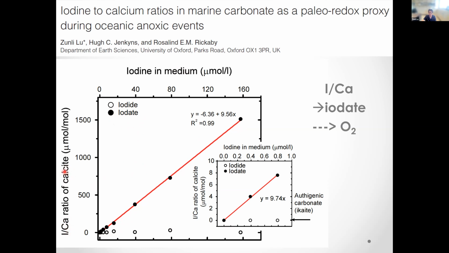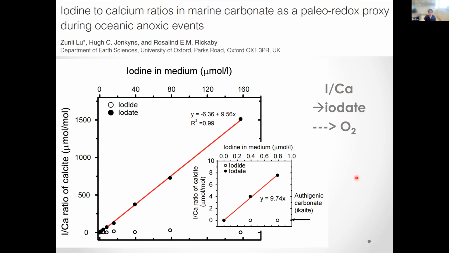The result is we see that iodate gets incorporated into the carbonate, but iodide doesn't get in there. The very, very basic idea is if we get some carbonate that grows in the seawater that records the iodate concentration, then we can use this to derive some information about the O2 level in the water.